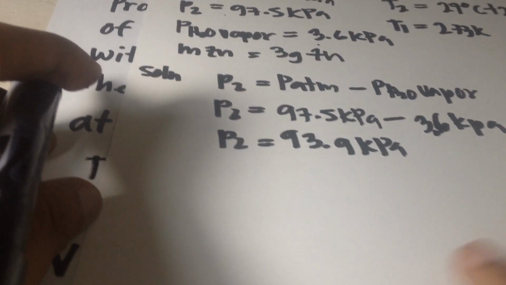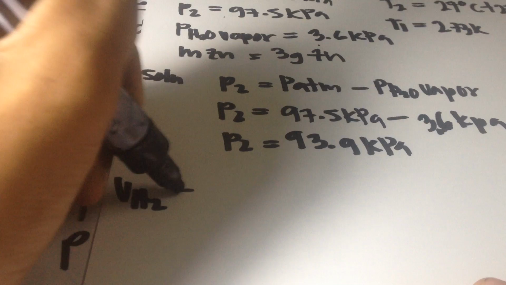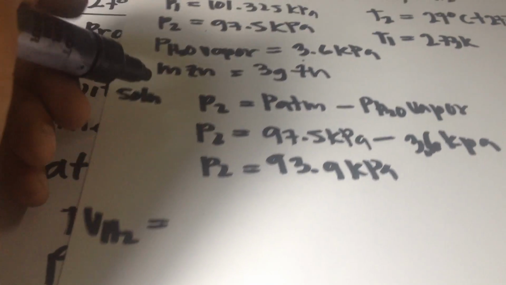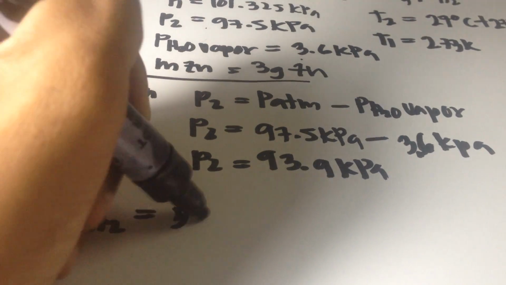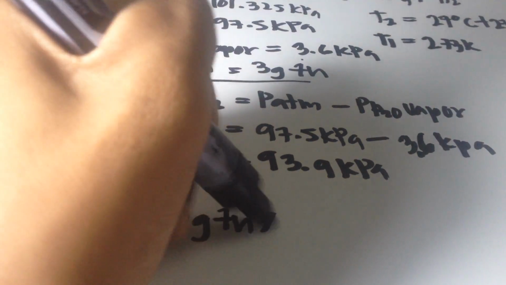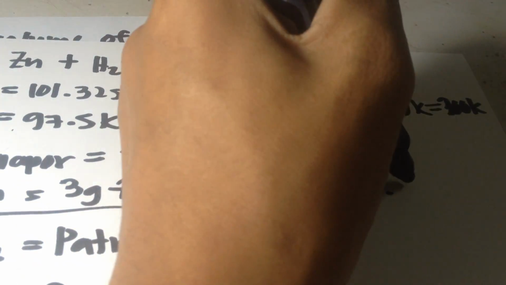So we need to get the volume of hydrogen gas. The volume of hydrogen gas is equal to 3 grams of zinc, put first, times the formula mass of zinc. The mass of zinc is 65.38 grams per mole of zinc.